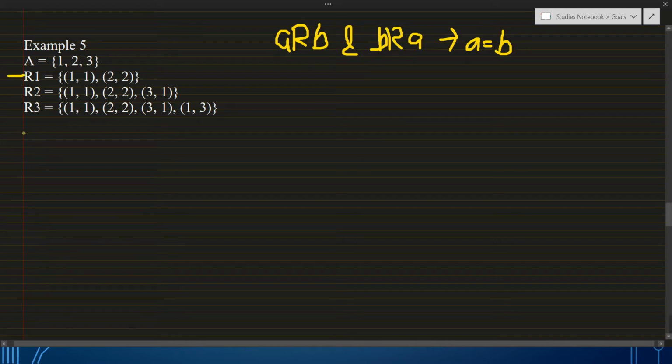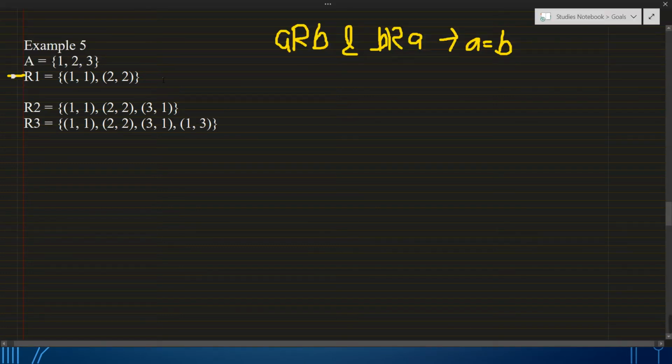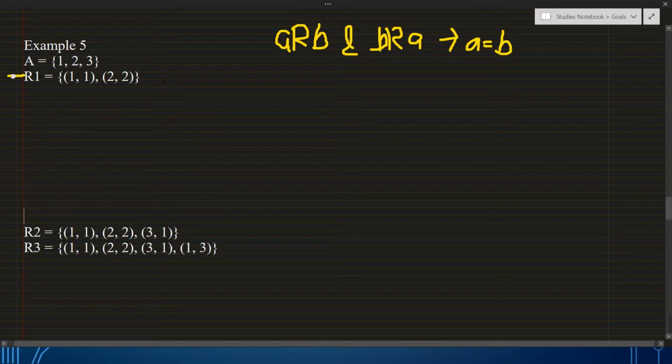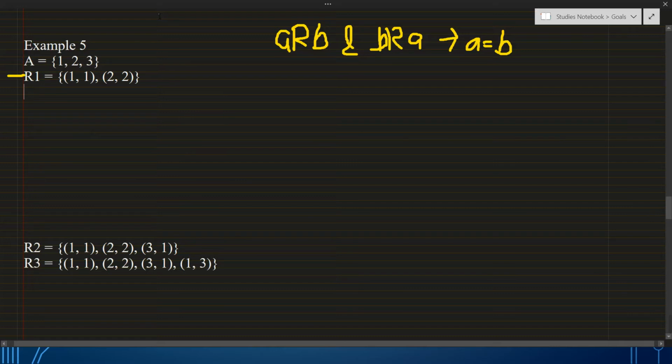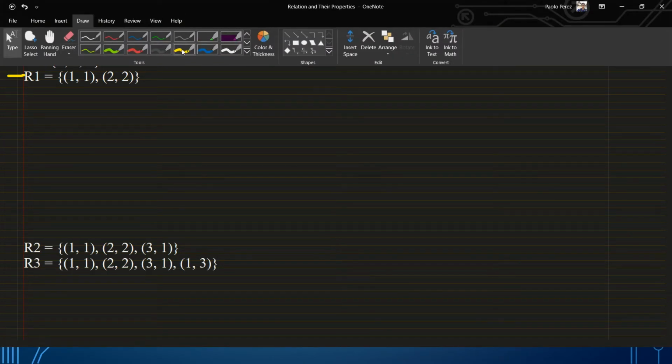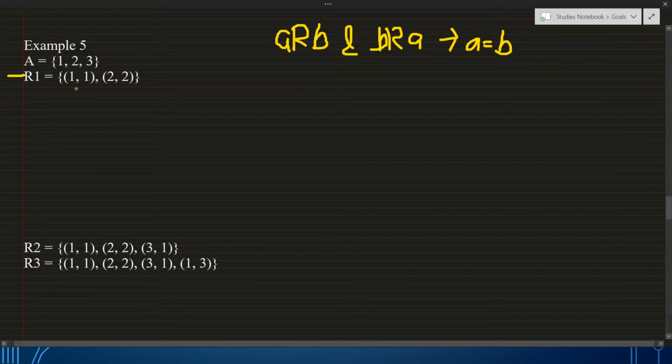So what is R1? R1 has (1, 1) and (2, 2).